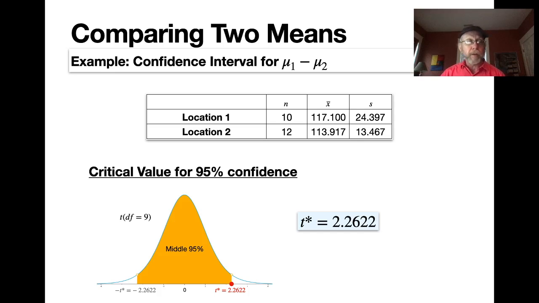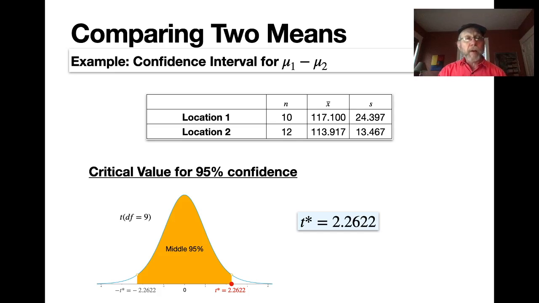The upper bound for that, which you see in the picture, is our t-star value, our critical value. That's 2.2622.